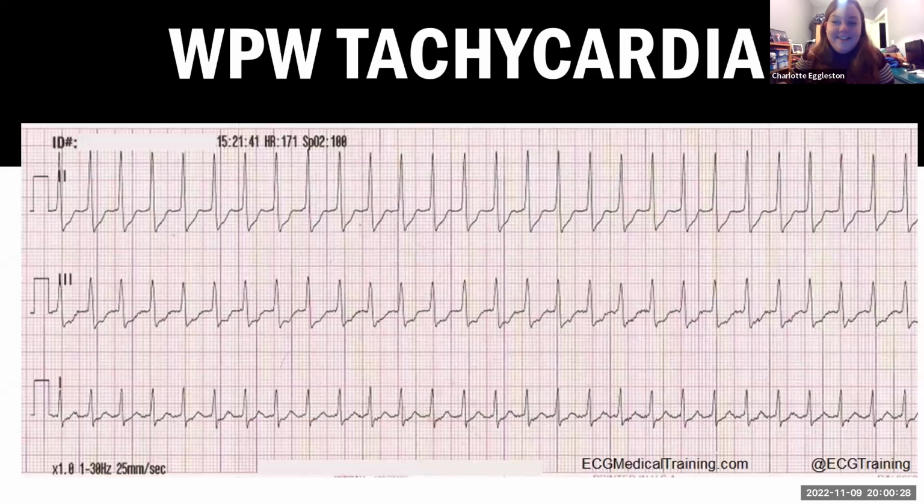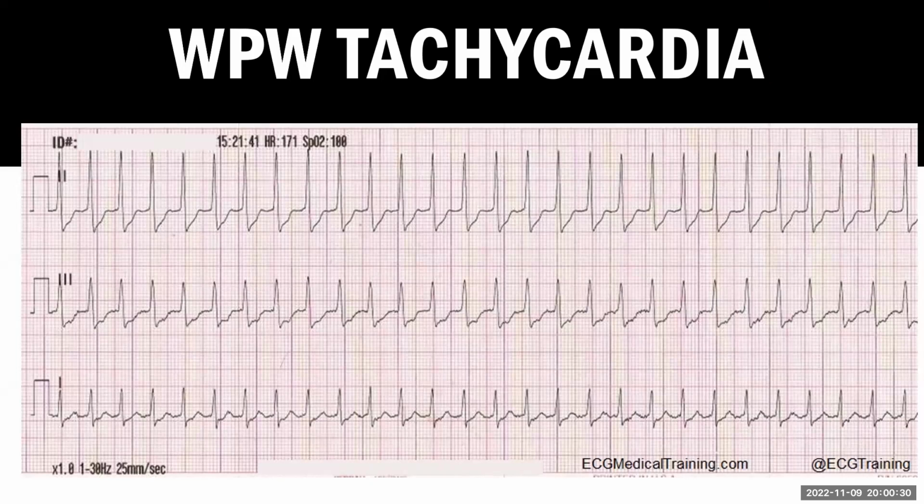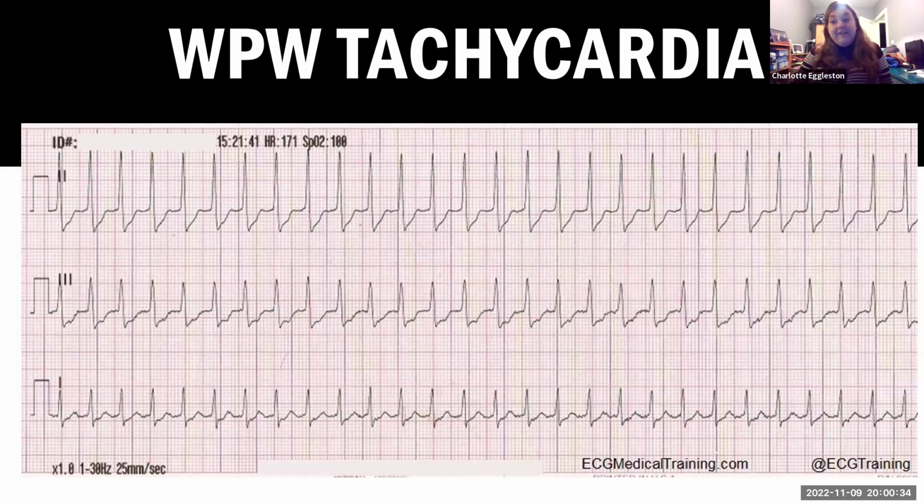Between the Wolff-Parkinson-White and the SVT in this slide. And it is difficult. Really, Wolff-Parkinson-White in this scenario is a supraventricular tachycardia. So in that we've got a narrow QRS. The tachycardia itself is coming from above, it's supraventricular, above the ventricles. So this you could still call a supraventricular tachycardia.